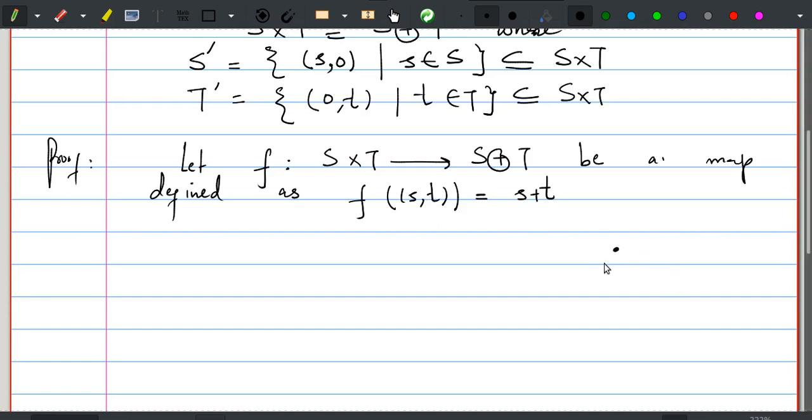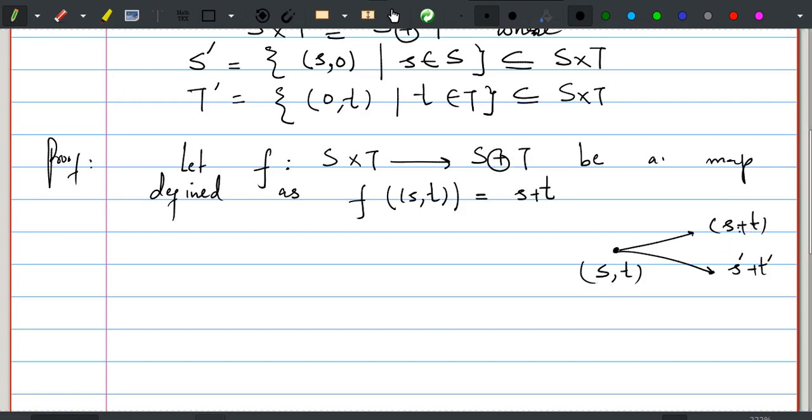Now note that this map is well defined because an element (s, t) cannot be mapped to two elements, say s plus t and s prime plus t prime. This won't happen because every element here has a unique expression of this form. So these two elements must be equal.